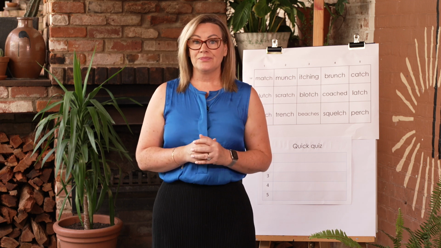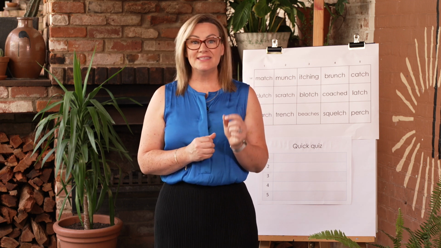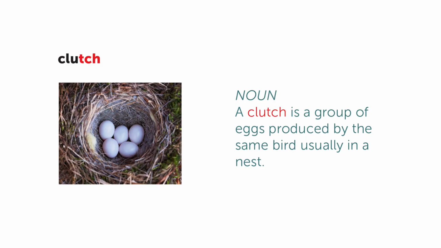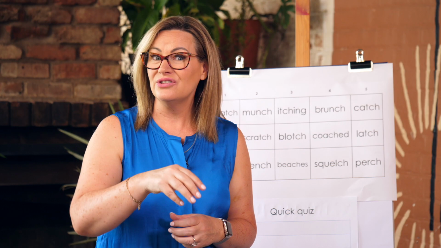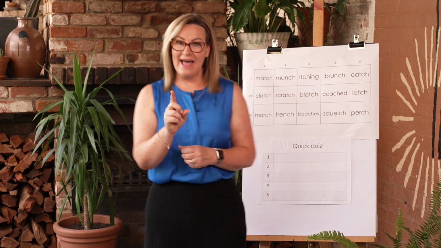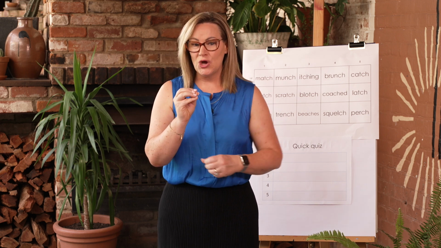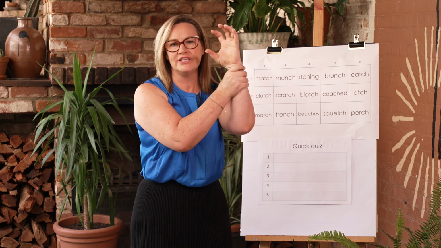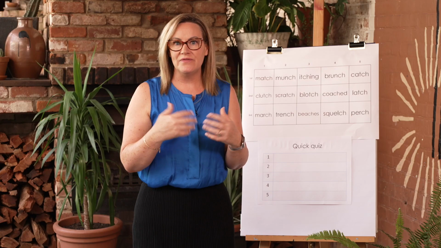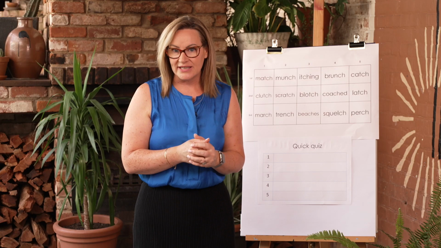That is a noun. Now we have a second meaning of clutch, and this clutch is a group of eggs produced by the same bird, usually found in a nest. Now this is a thing too, so this is also a noun. Then we have the next kind of clutch, which is when you are holding on to something really tightly, and usually when you're clutching something, you're feeling a bit nervous or worried or scared or frightened.